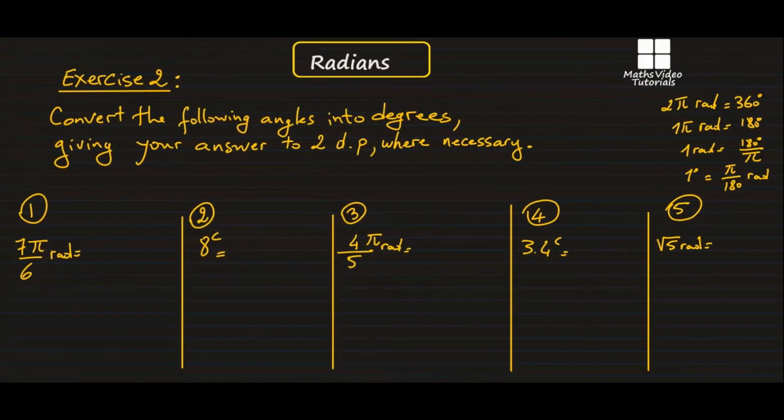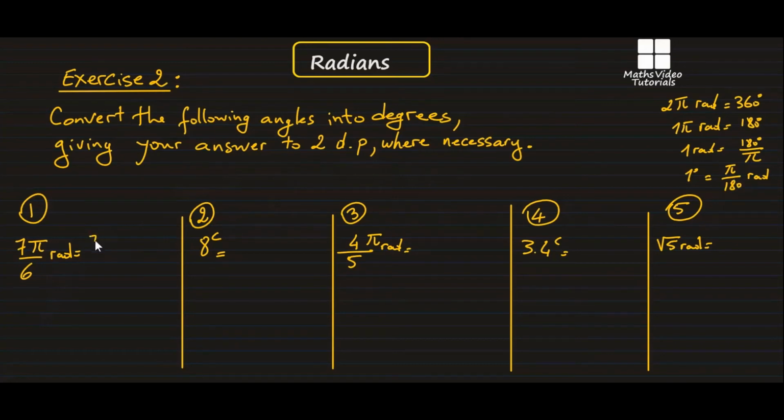In this exercise number 2, we are converting from radians to degrees and giving, where necessary, our answers to 2 decimal places. When we convert from radians to degrees, we use this conversion rate. So we need to multiply by 180 over pi.